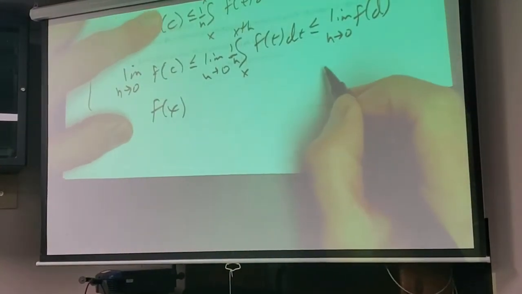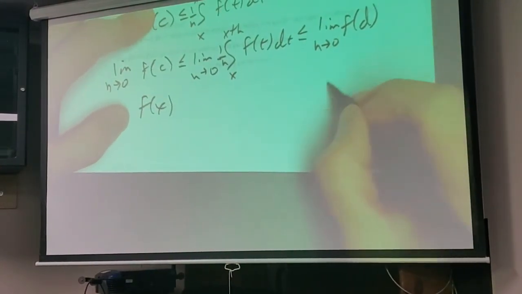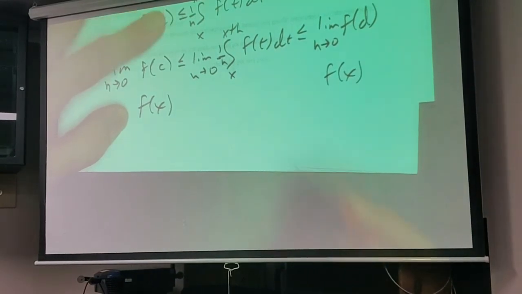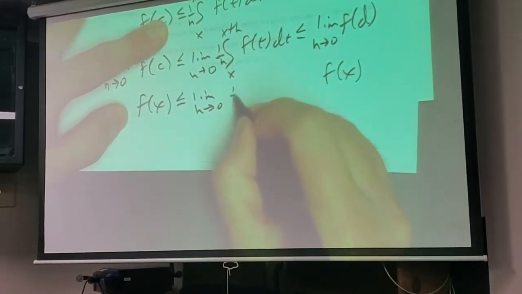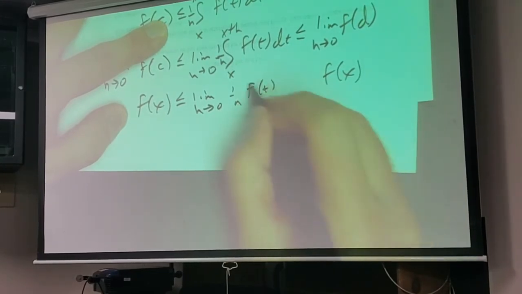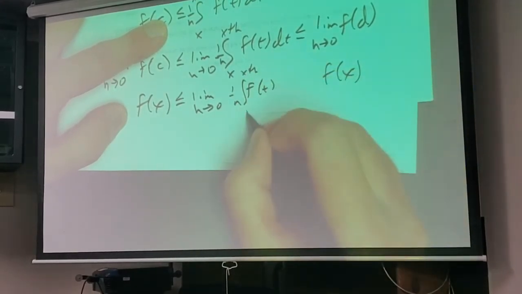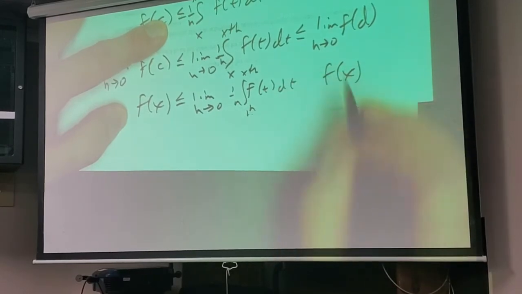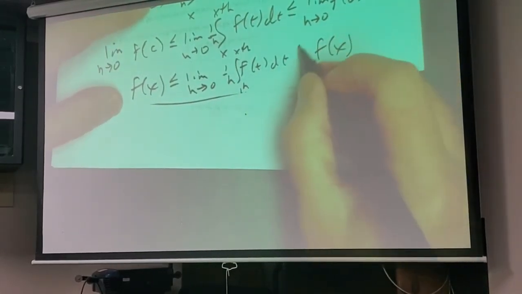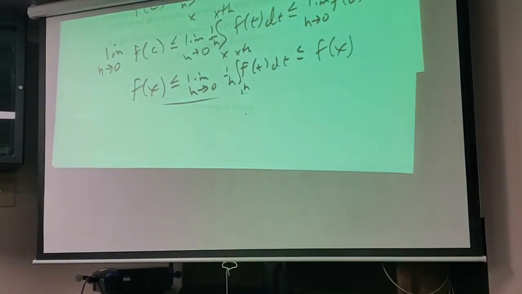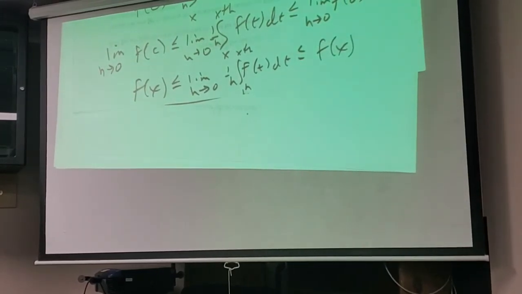And the other side, same reasoning, yes? So if f of x is less than this, and f of x is greater than this, then this equals f of x. That's the squeeze theorem, right? So eventually it comes together, so the thing that's in the middle has to equal that value. Okay, this is really weird.